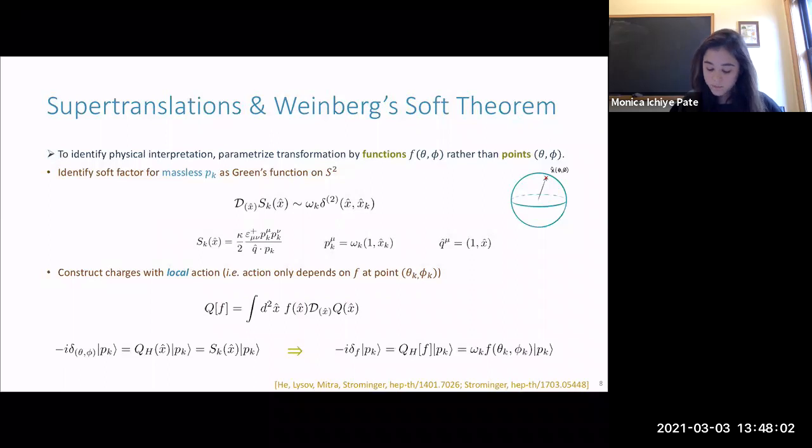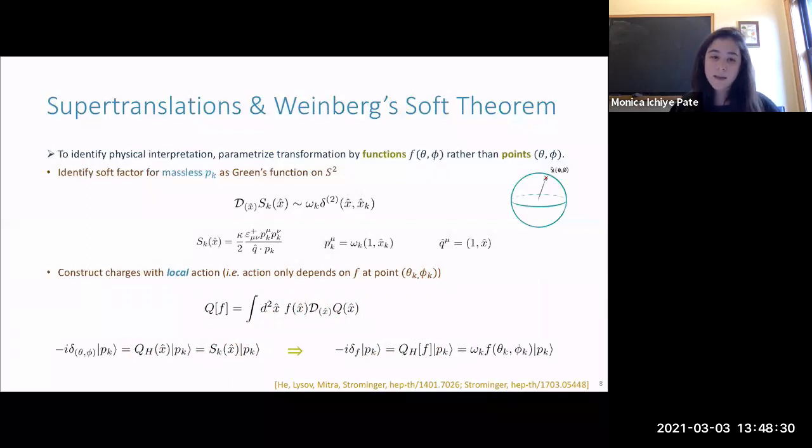So in particular, if we want to determine the action of such a charge on a massless external particle, it was given by the hard part of the charge. Now the action of this hard part can be obtained from the one parameterized by points by simply acting with this derivative operator, which localizes to a delta function, and integrating against some function f.